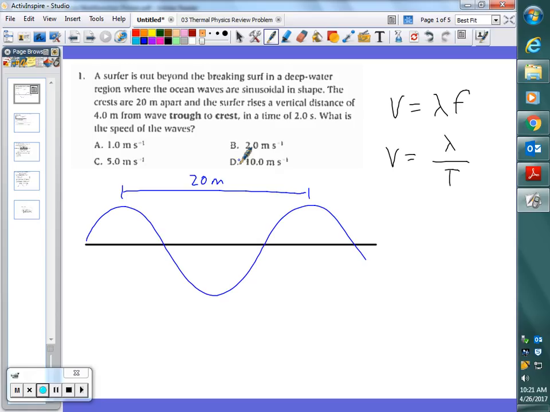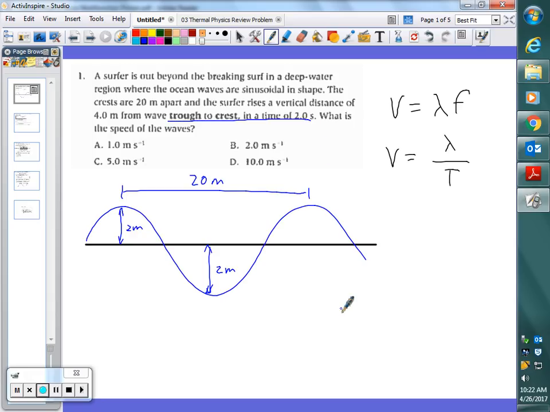If we're talking about rising or falling, what property of the wave are we talking about? That's amplitude. In this case, if it says 4 meters from trough to crest, the amplitude is actually only 2, so it's 2 here and 2 here, even though it might not look like that from the drawing. Does that have any bearing on our speed? It doesn't, but this part does.